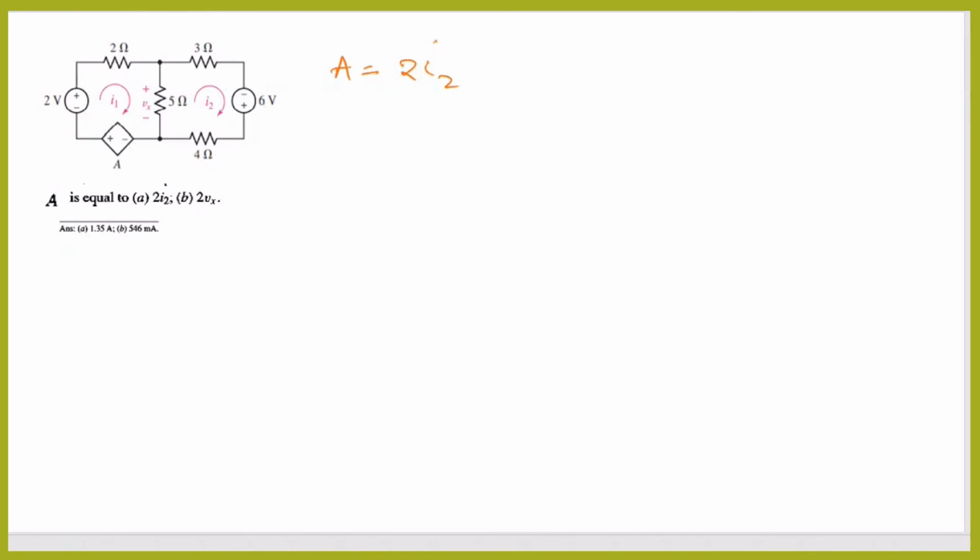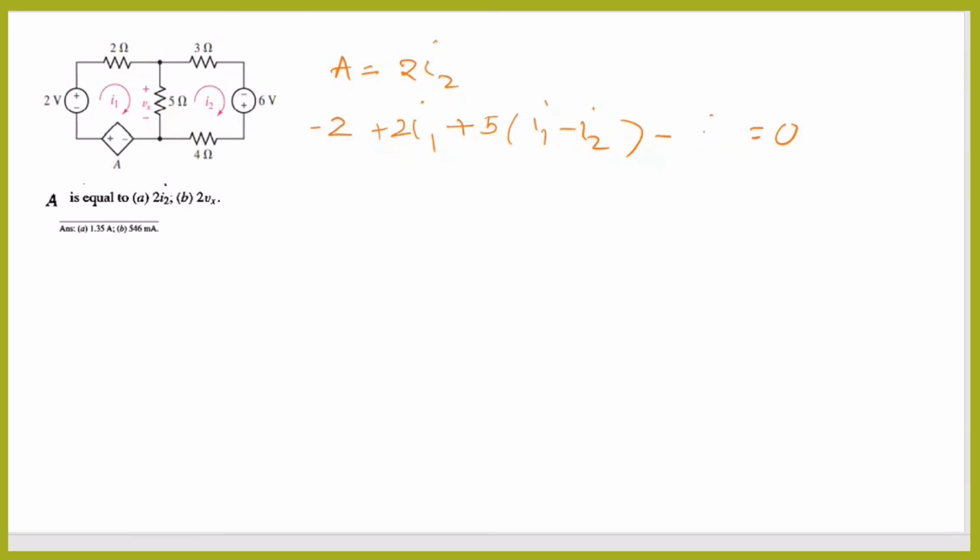So to write this equation, what I have to do? I have to assume the currents I1 and I2 in the two loops. So the first equation is minus 2 plus 2i1 plus 5 into I1 minus I2 minus A is equal to 0.